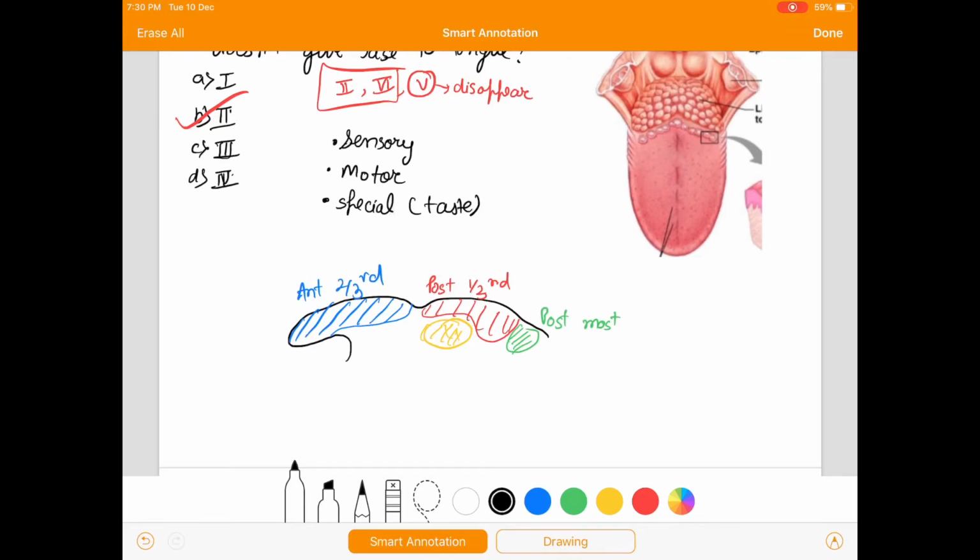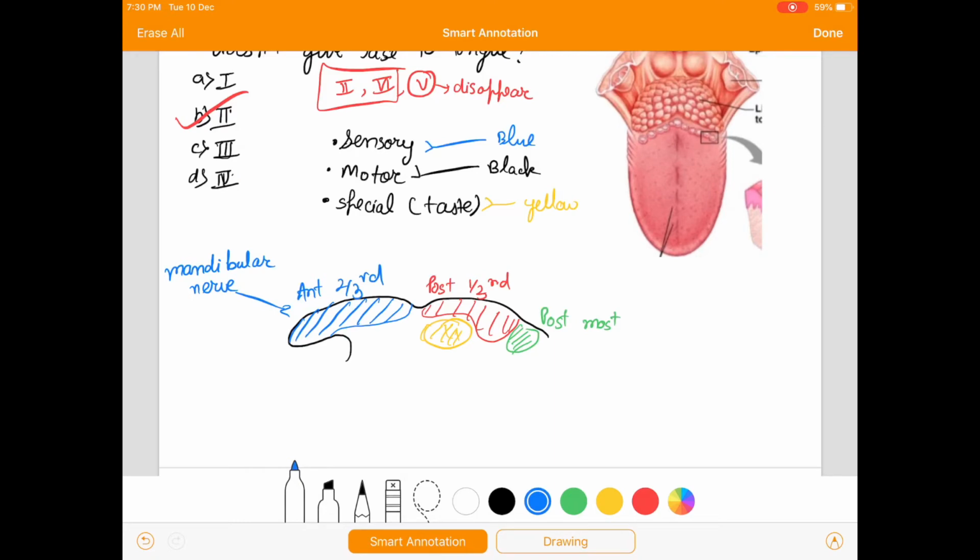So I will put sensory in blue, motor in black, and special in yellow. Okay. So anterior 2/3 receive its sensory nerve supply from mandibular nerve.